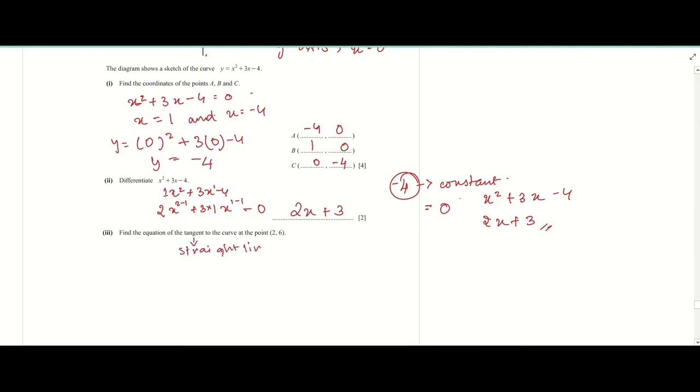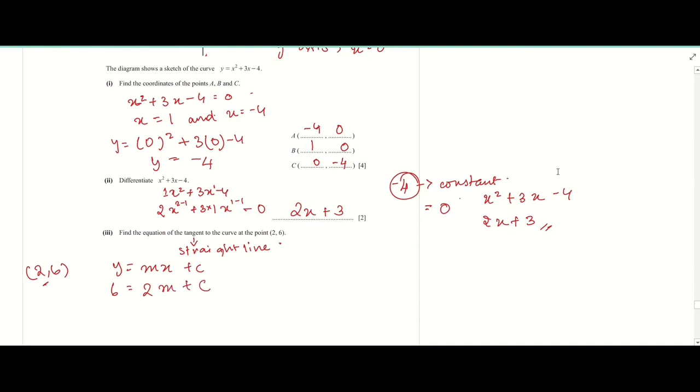So the equation of a line is y equals mx plus c. Now what is y? We're given the point 2, 6, so 6 you can insert here, and we're given x equals 2, because over here it's written. Now we are not given m, and we're not given c. c is the y-intercept, and we don't know what it is.